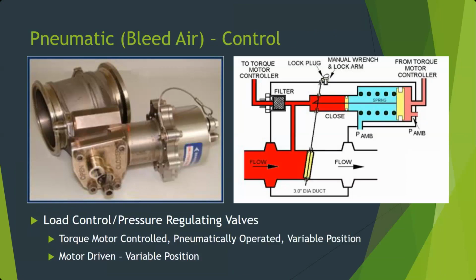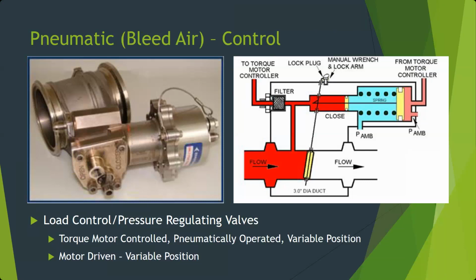So if we look at our valves, here is a load control or pressure regulating valve. Here is the duct with a butterfly in it. It's kind of this part right here, this part down here is this upper part here. And you can see it's going to actually use the upstream side of the valve, and that puts pressure on one side of an aneroid in here.